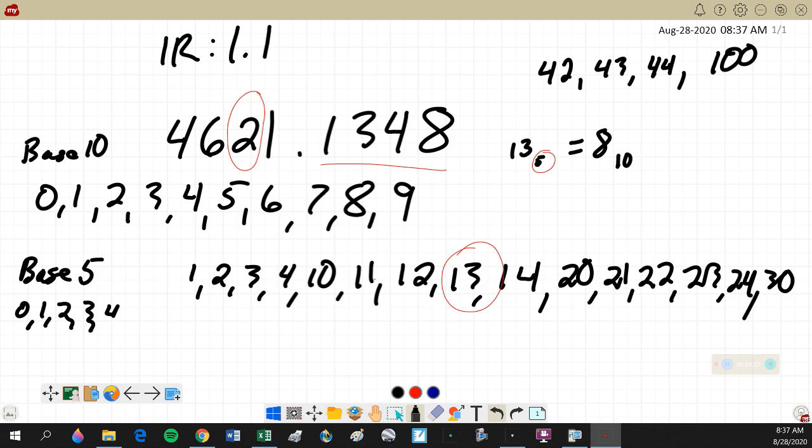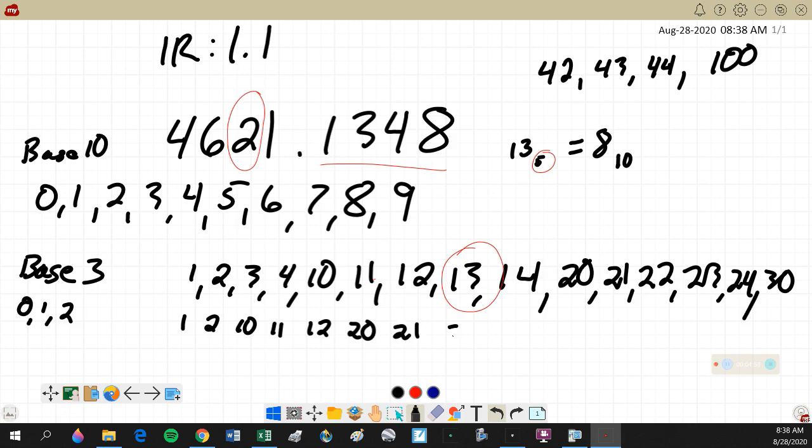Okay? What if I did base 3? For base 3, what would my numbers be? 0, 1, and 2. Okay, so let's count. 1, 2, there's no 3. 10, 11, 12, 20, 21, 22, 100.